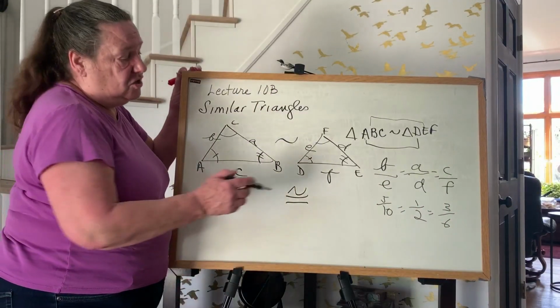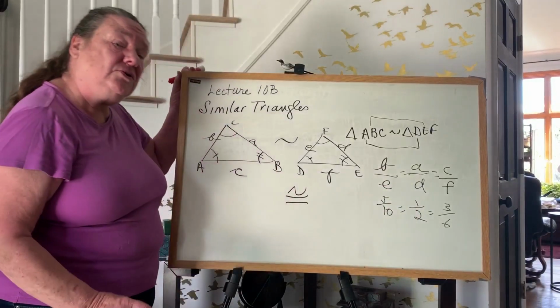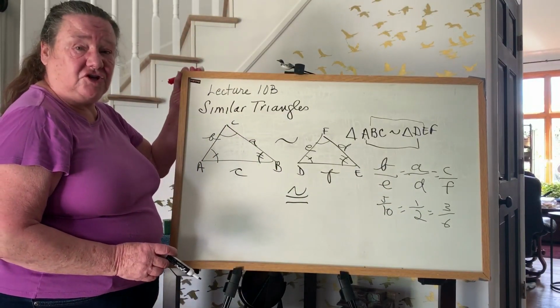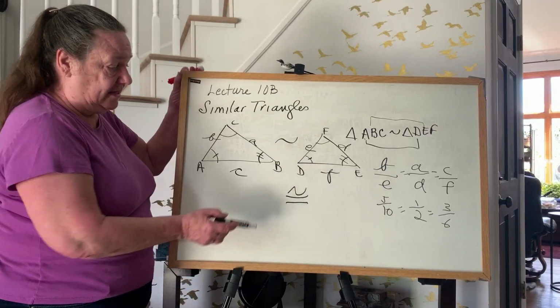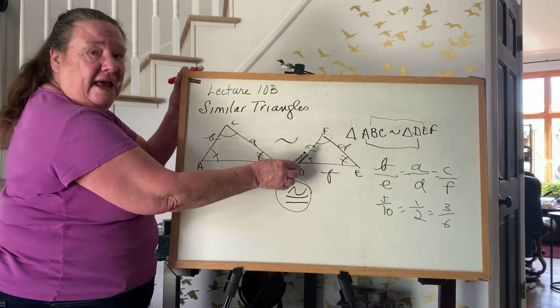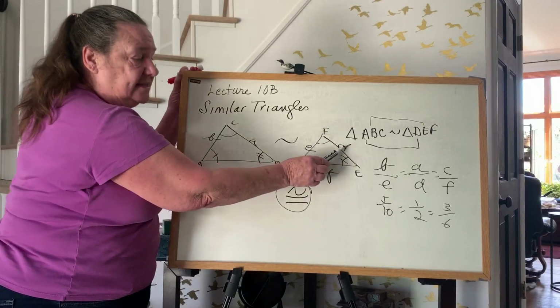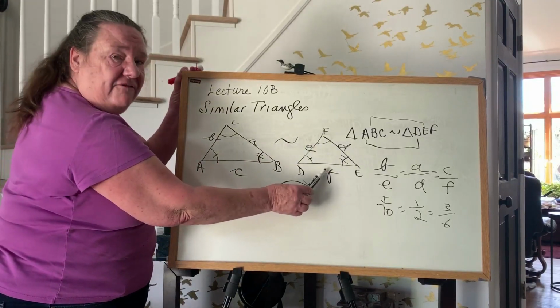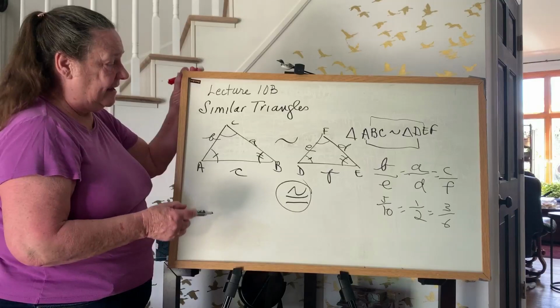Okay? So you can see they all reduce to exactly the same fraction. That's what in ratio means. If they were congruent, it would be 10 and 10, 6 and 6, 5 and 5. They would all have to be the same.